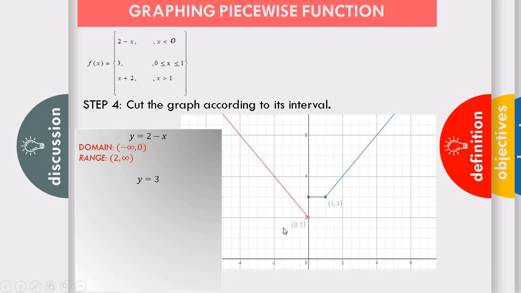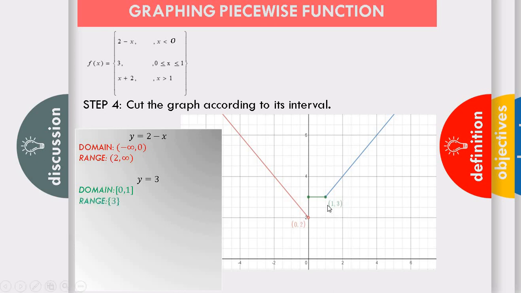Next, y equals 3. So from 0 to 1. Okay, so the domain is from this line, so x equals 0 and x equals 1, so [0, 1]. So we can see that it has both brackets. Okay, because the interval has the inequality symbols of greater than or equal to and less than or equal to.